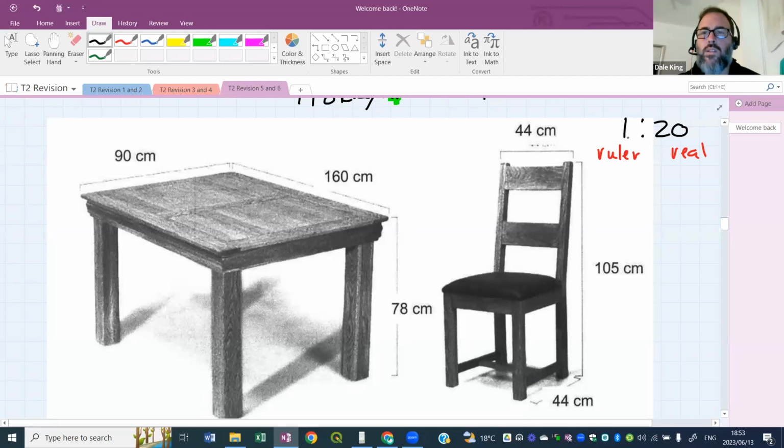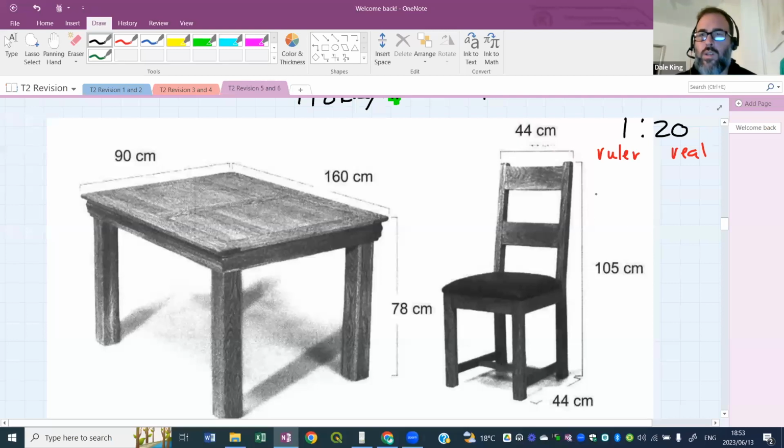Each 20 centimeters gives me 1 ruler centimeter. So what calculation will I do there, Janu? We need to divide. We need to cut this 44 up into 20s. How many 20s do we have?